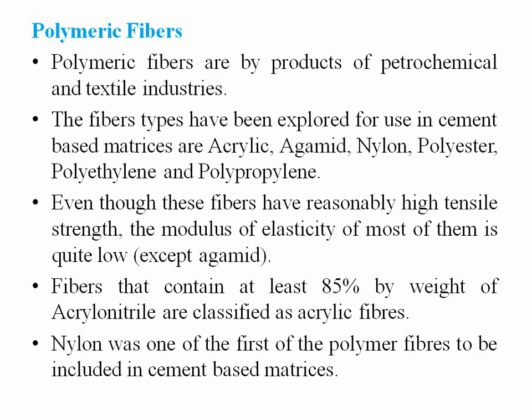Polymeric fibers are byproducts of the petrochemical and textile industries. The fiber types that have been explored for use in cement paste matrix are acrylic, aramid, nylon, polyester, polyethylene, and polypropylene.